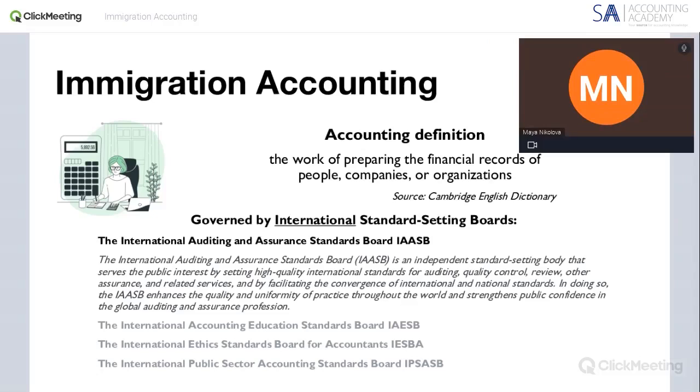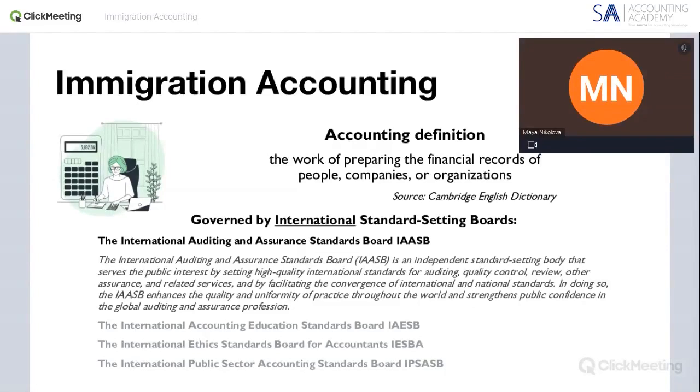Accounting: the definition of accounting is the work of preparing the financial records of people, companies, and/or organizations. The source is, again, the Cambridge English Dictionary. And accounting is governed by the International Standard Setting Board.